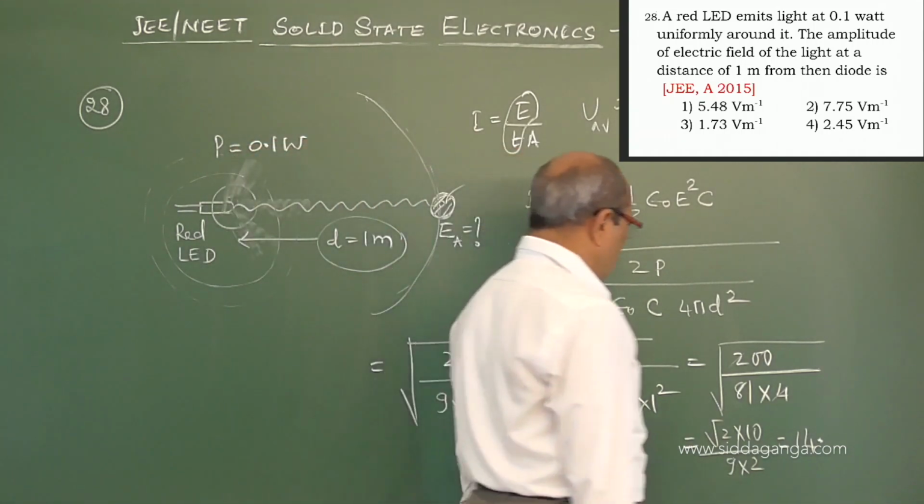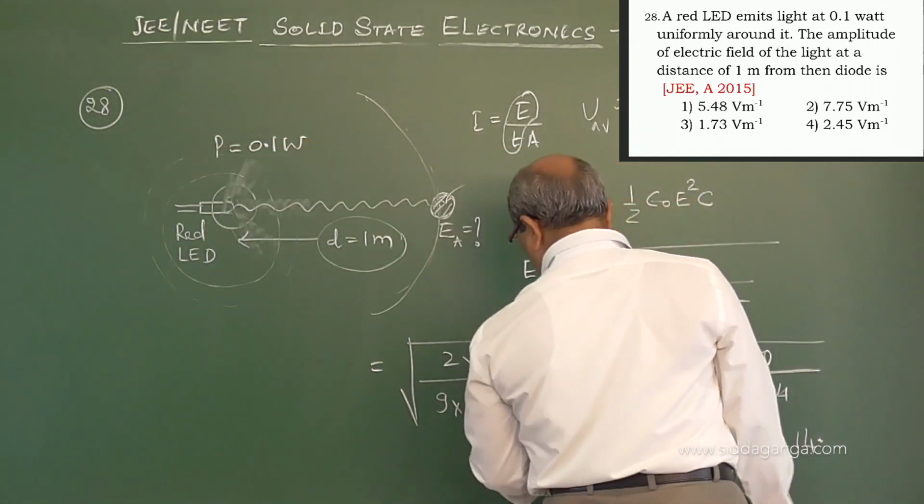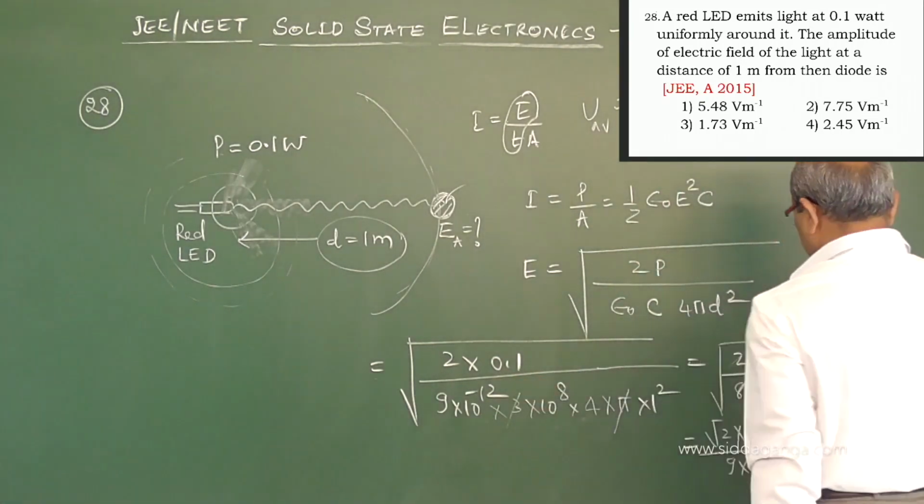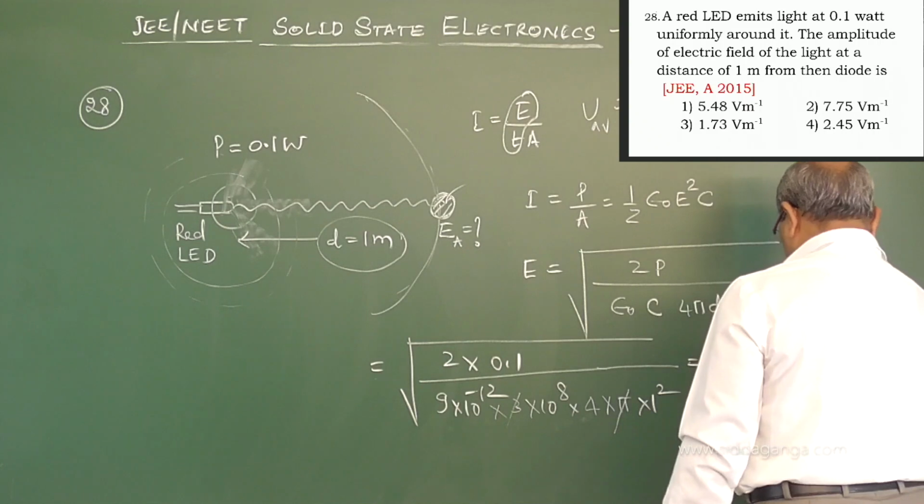Root 2, 200, 10 power 8, 10 power minus 2, minus 4, minus 3, another 10 is there, right.